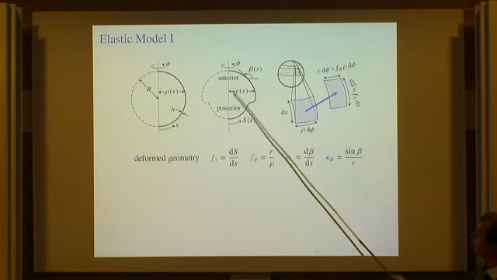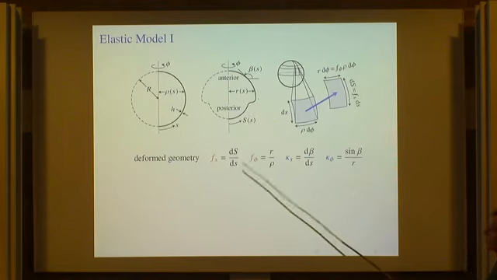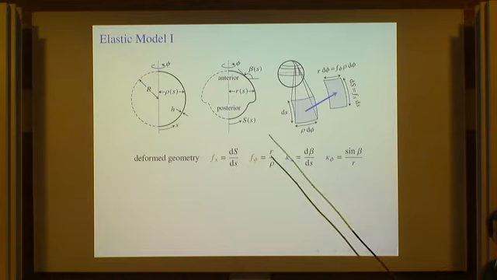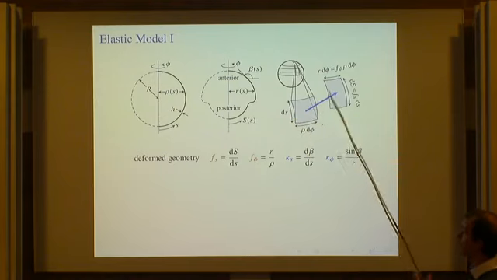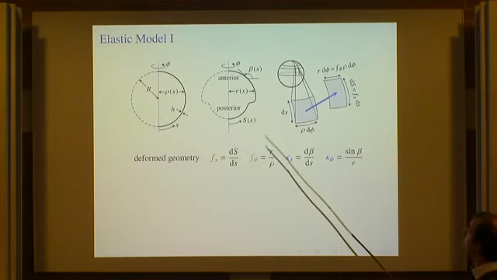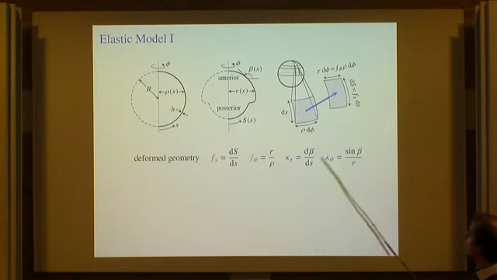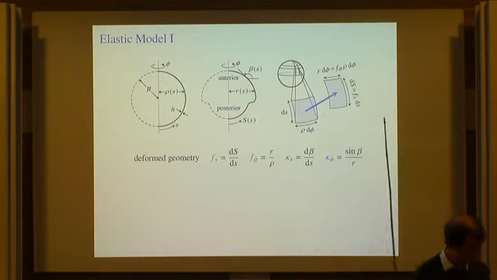This deformed geometry is characterized by stretches f_s and phi in the meridional and circumferential directions that describe how a little patch of cell sheet deforms. They're also described by the curvatures of the shell, which can be described in terms of the tangent angle.